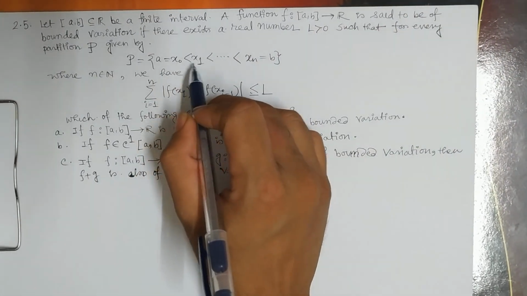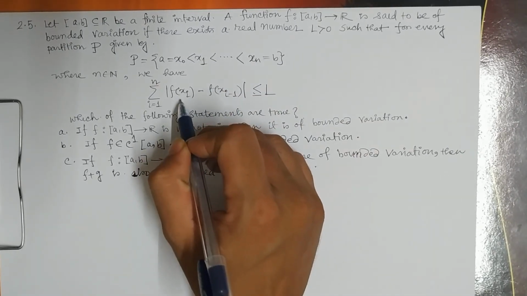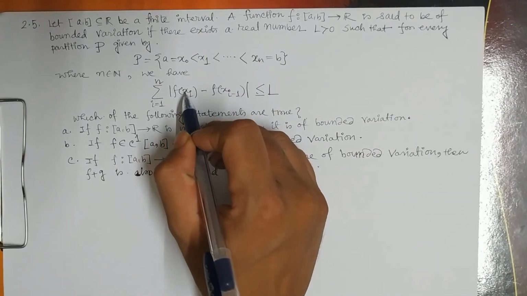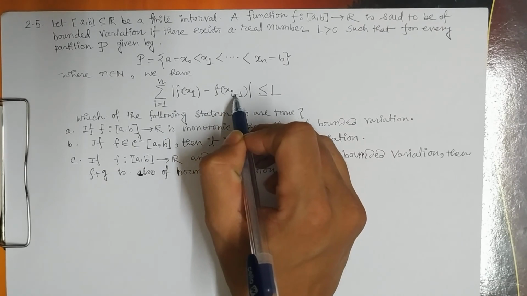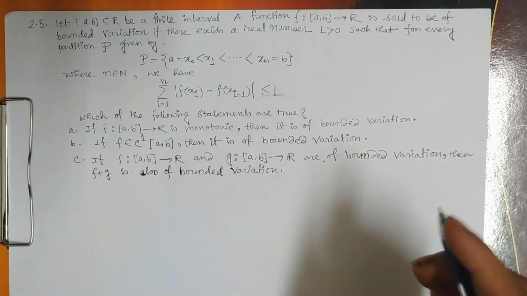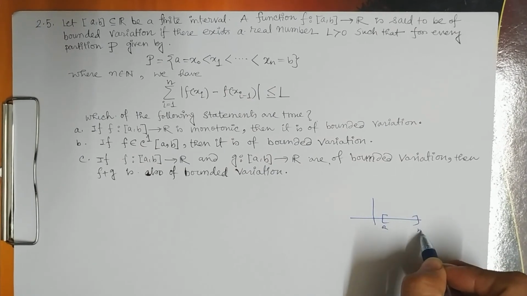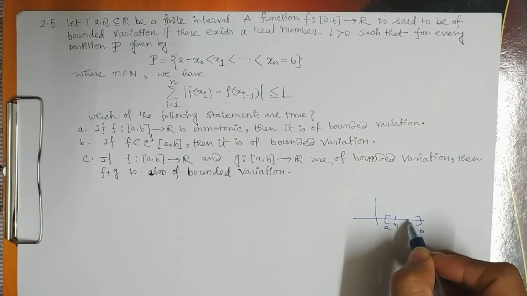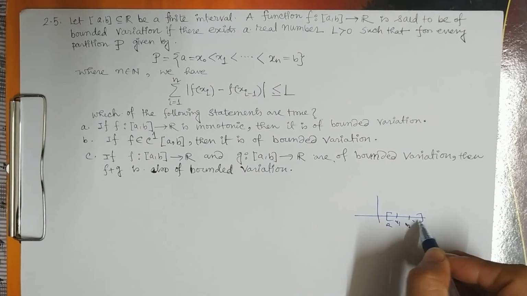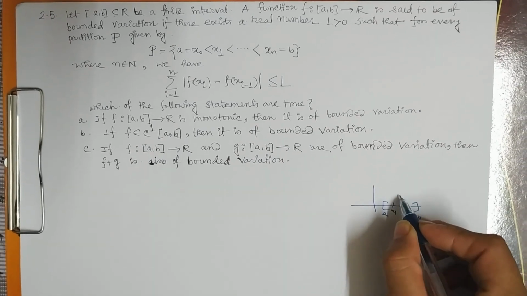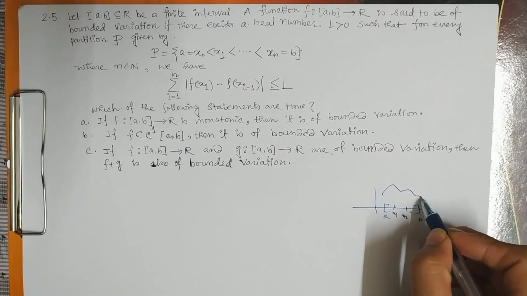Then we consider the sum of |f(xi) minus f(xi minus 1)|. What we do is basically this. Suppose a, b, x1, x2, and so on. Suppose the function is like this.